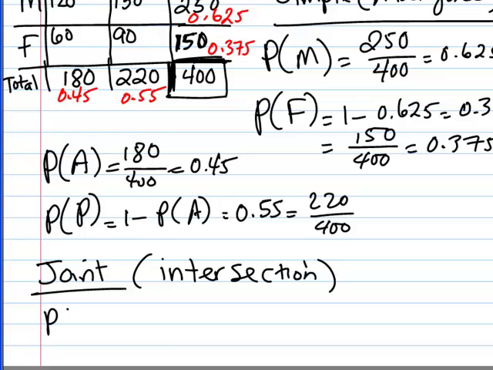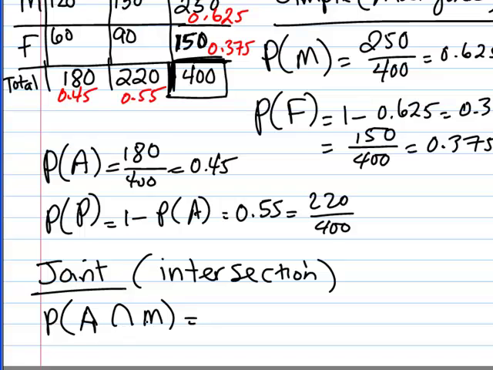That's represented with a symbol, an inverted U, or horseshoe, and here we can find the intersection of two events, A and M, and that would be read as the probability of A intersect M, or the probability of A and M.